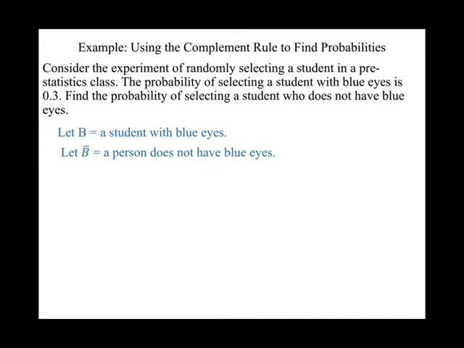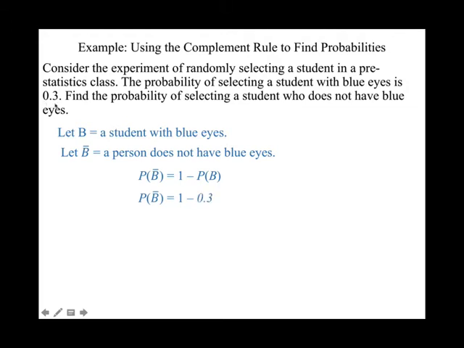And then we're going to use the complement formula. This is what we're looking for: finding a student who does not have blue eyes. So we're going to do 1 minus the probability of B. The probability of a student with blue eyes is 0.3, right?